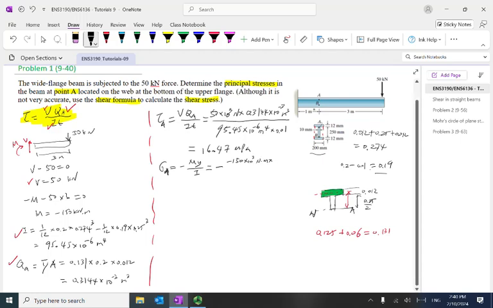Y from here is above, so it's half of the 0.25 meter over I, which is worked out 95.45 times 10 to the negative 6 meter per 4. Okay, so of course we get the number is equal to 196.43 megapascal.